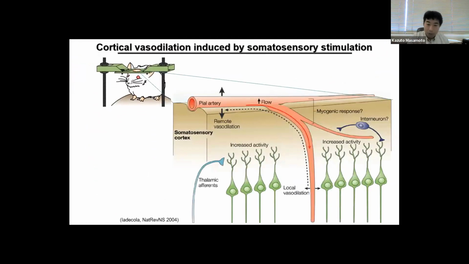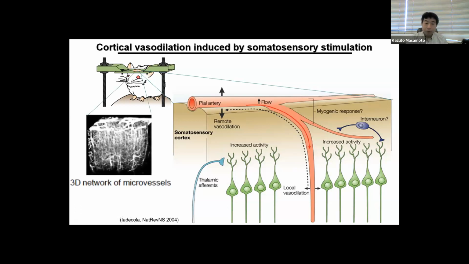We know local neural activity causes remote vasodilation in the pial arteriole and also the penetrating arteriole. This is a powerful way to recruit blood from the pool of arterial blood on the top to the parenchymal area. But we want to know how this blood spreads along the capillary networks.